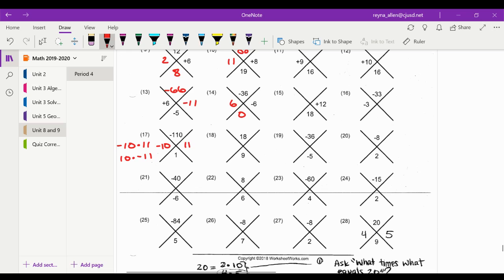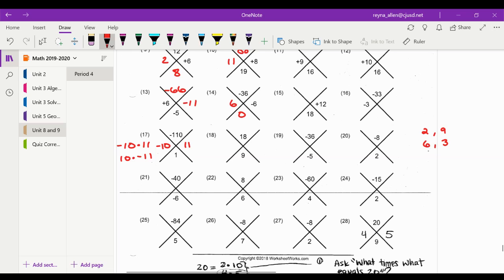Okay, what multiplies to give me 18? Well, I'm going to do it on the side. 18 is 2 and 9. It is also 6 and 3. Any other ones?